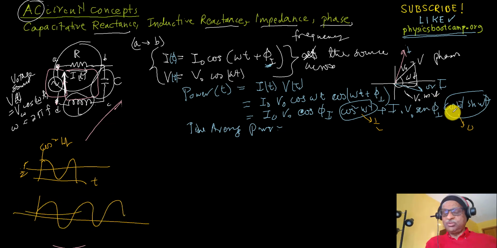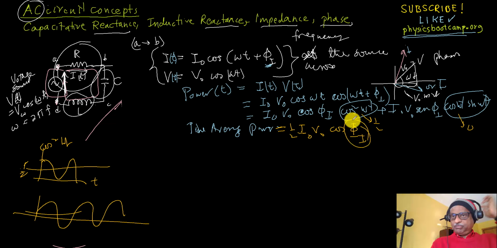So you can actually do the calculation to show it. So this can just be half I0 V0 cosine phi I. And this phi I, if you have done the previous calculation, depends on R, L, and C values.